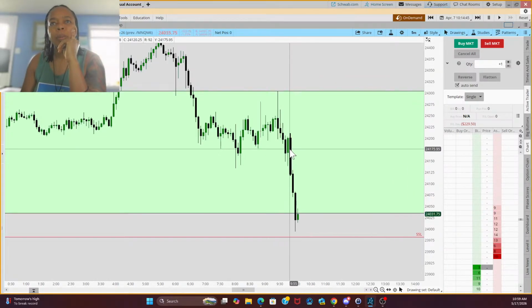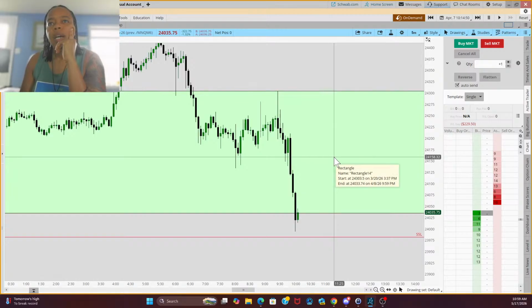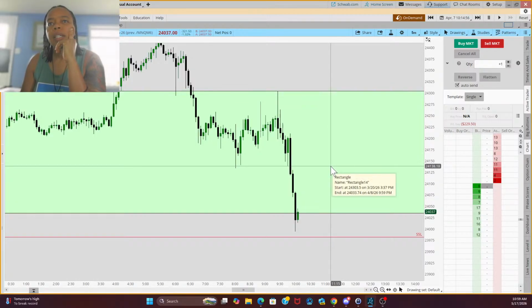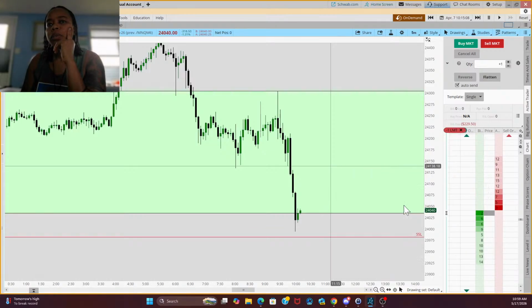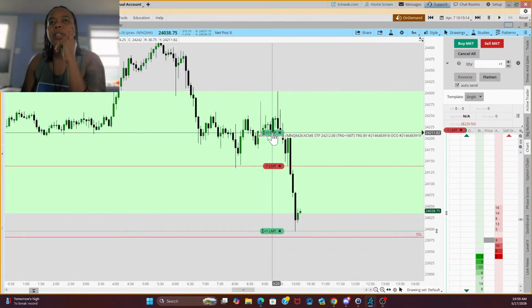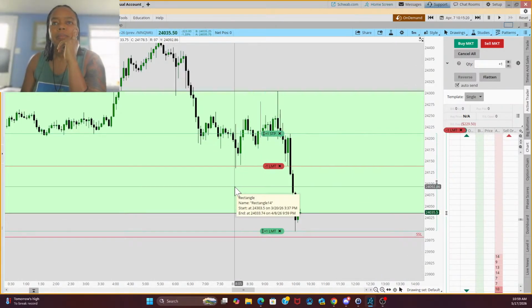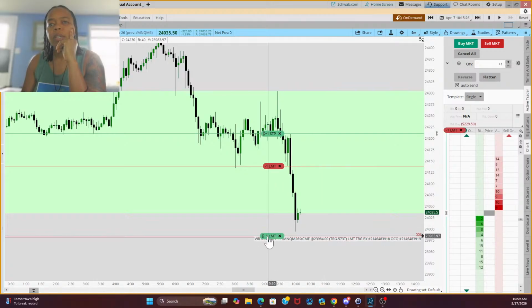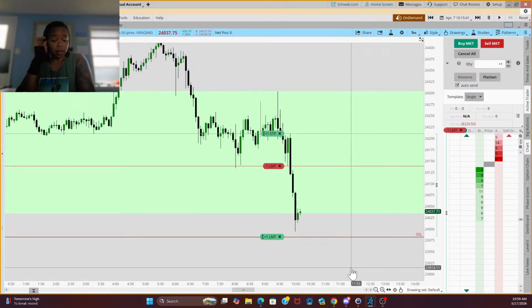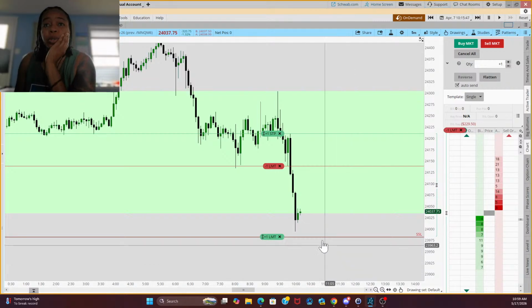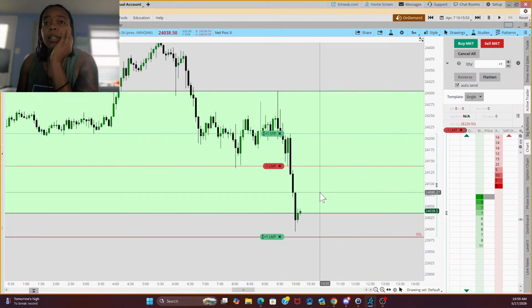So we have a lovely propulsion block here. The 5 minute entry is a sell, a 1 micro sell with a stop above this guy. And then of course I'd want to get that low right there, whether or not we get a retracement back up to tag me in.